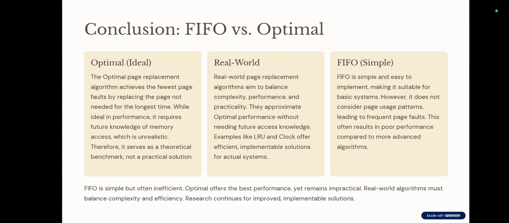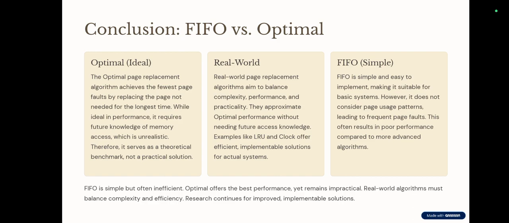So we have a difference between FIFO versus optimal, and there are four aspects: logic, complexity, practicality, and performance. First of all, logic. FIFO evicts the oldest page, while optimal evicts the page used farthest in the future. Second, complexity.